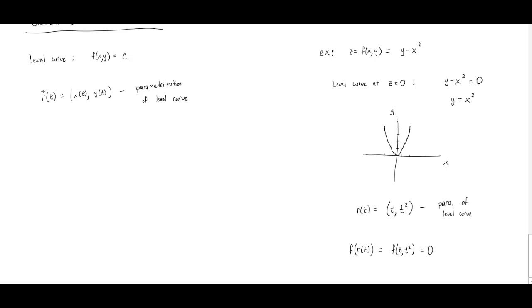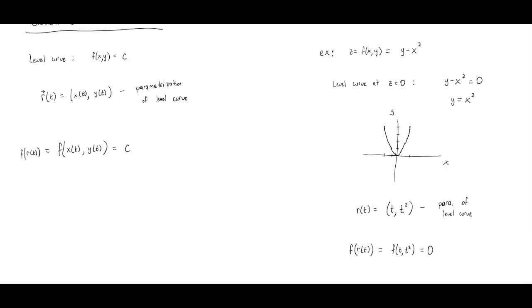That's because this was a parameterization of my z equals 0 level curve. So in general, because this is a parameterization of this level curve, if I plug in r of t into my function, it should be equal to this constant c, from my equation.